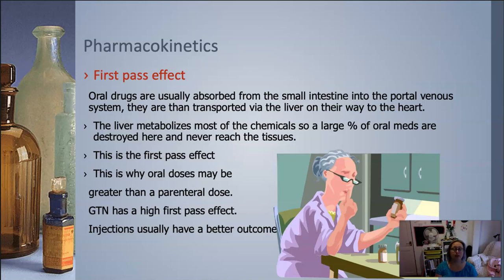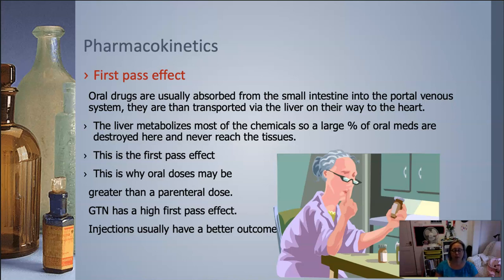If you think back to your digestive system, we take in our food down our throat, down our esophagus, into our stomach. Things are mulched up and digested within our stomach, and then they pass into the small intestine for absorption. The small intestine contains the villi and microvilli to increase the surface area, so that absorption of nutrients and other things within our digestive system can be completed quickly and efficiently.